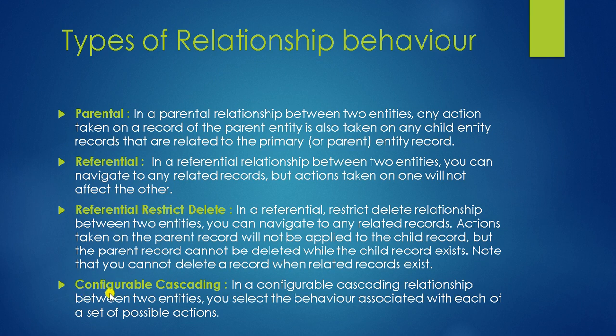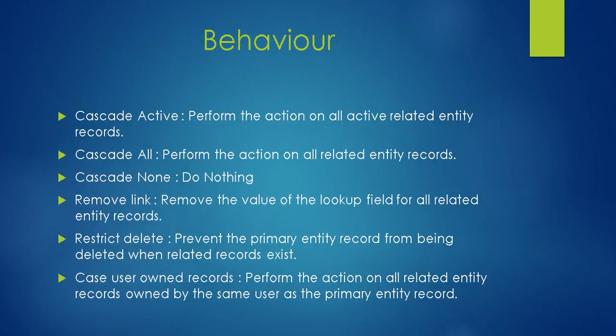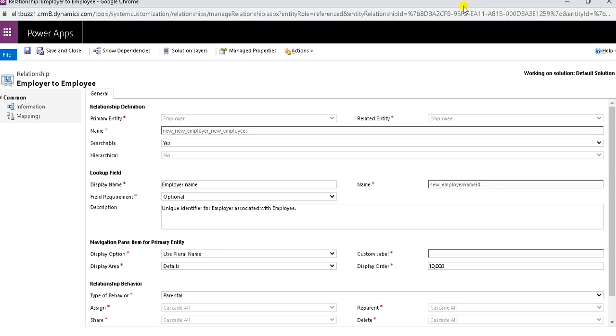And configurable cascading is basically a type of relationship between two entities. You select the behavior associated with each of a set of possible actions. Let us see what the behaviors and actions are. I will show you where you can see the behavior first. Here I am on the relationship page.